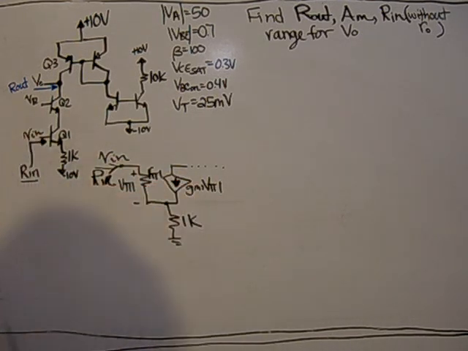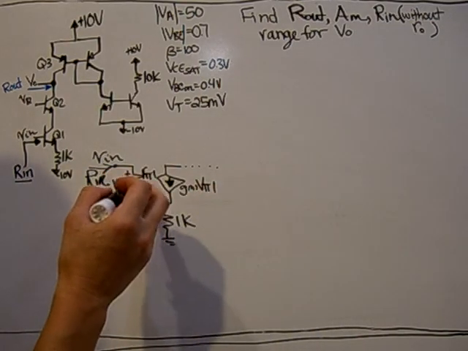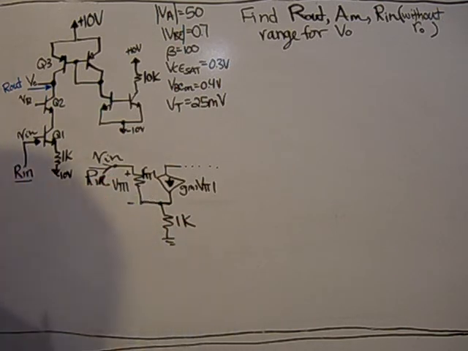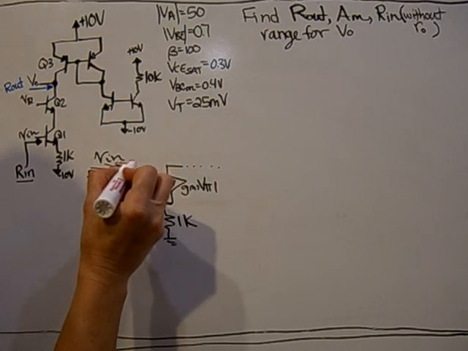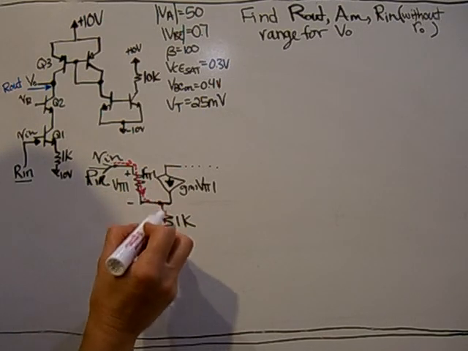And I've already drawn the hybrid pi for this. It doesn't really matter what's connected over here because nothing else is connected to that input. So the pathway starts at Vn and then moves down to ground.